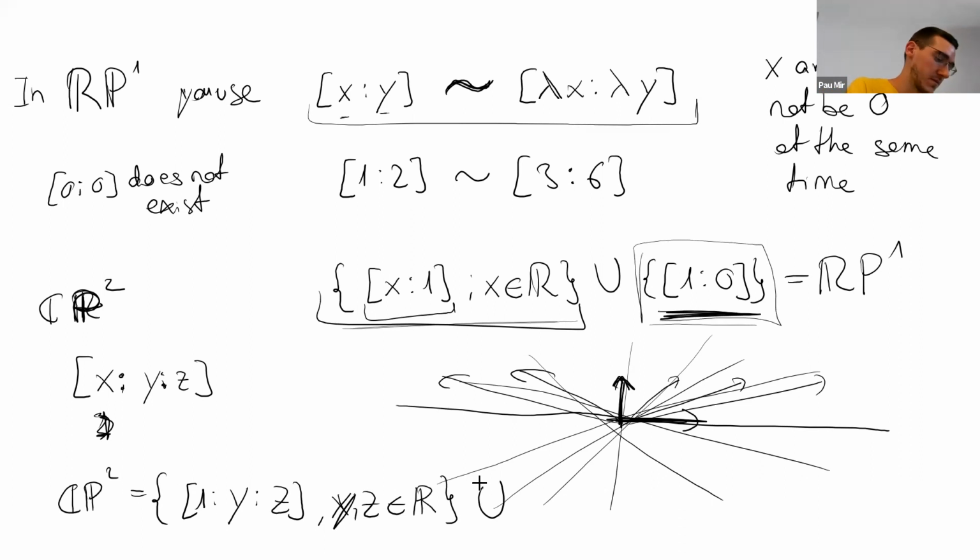You are missing some directions, some lines here, some one-dimensional subspaces, I would say. And you need also to consider points of this form, for any x and z in R.